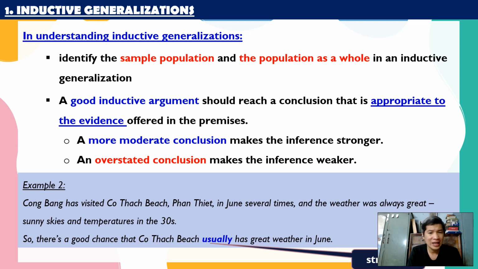Then we cannot claim that Co Thach Beach always has great weather in June. Because in fact, maybe it is June in a few years, and those are the years that Cong Bang didn't visit this place. And maybe at that time, it was not good weather. Right? Then if we just say usually, we don't say always.